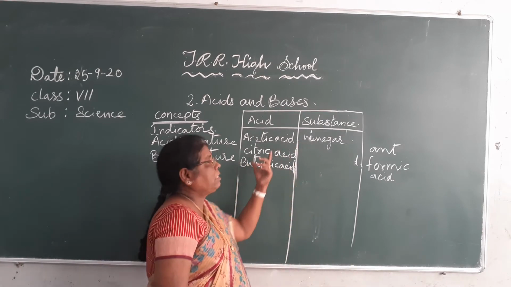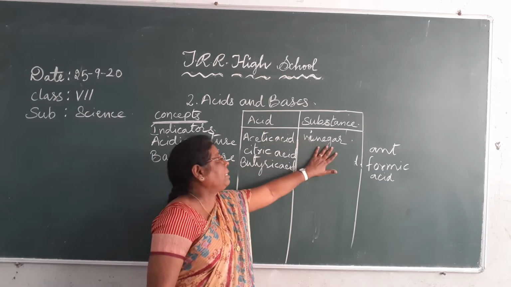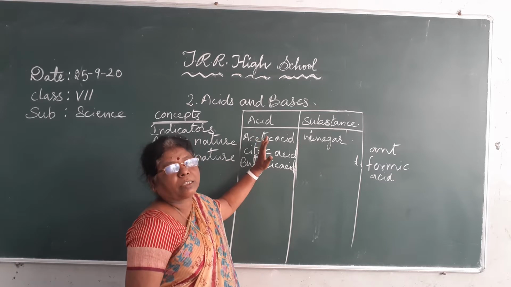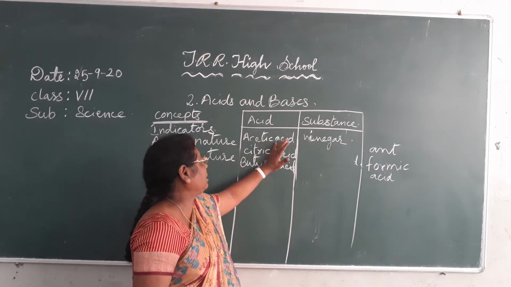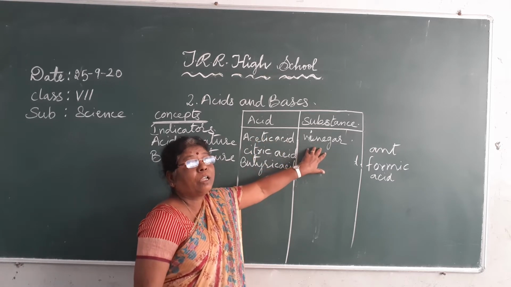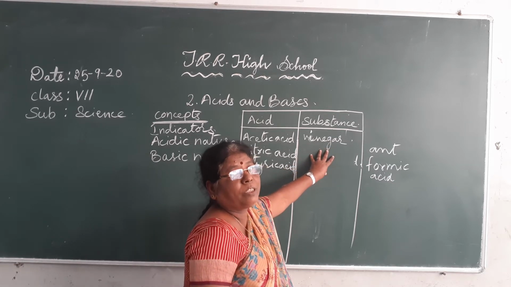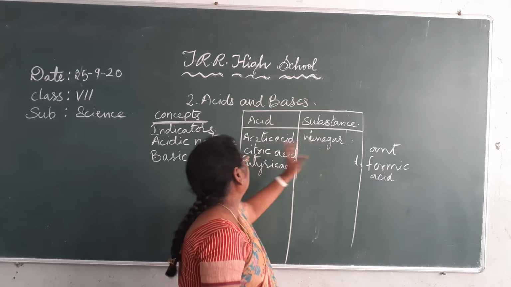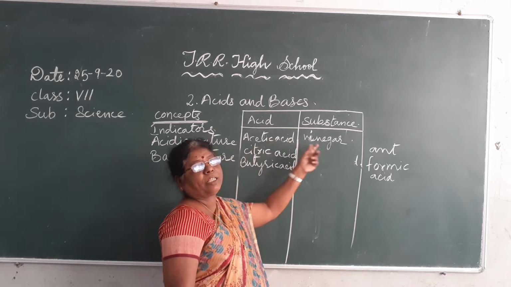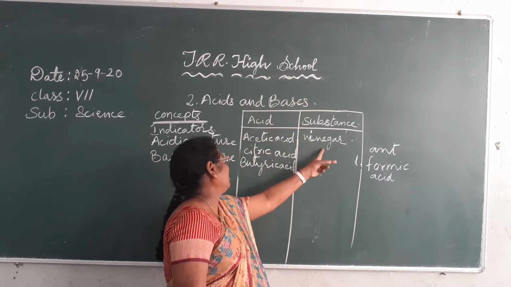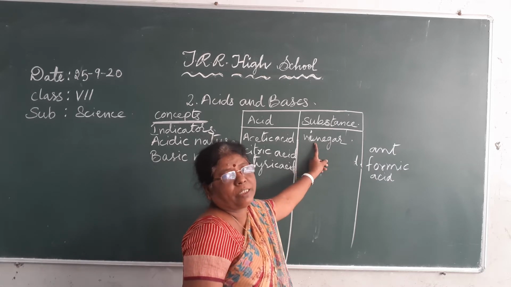So these substances contain particular acids. For example, vinegar: which litmus changes into which color with vinegar? Blue litmus changes into red color. Acetic acid is present in the vinegar.